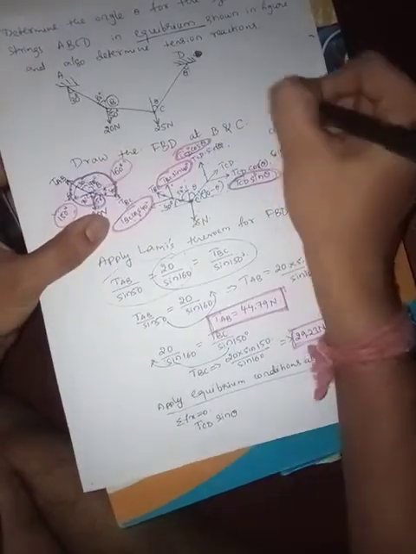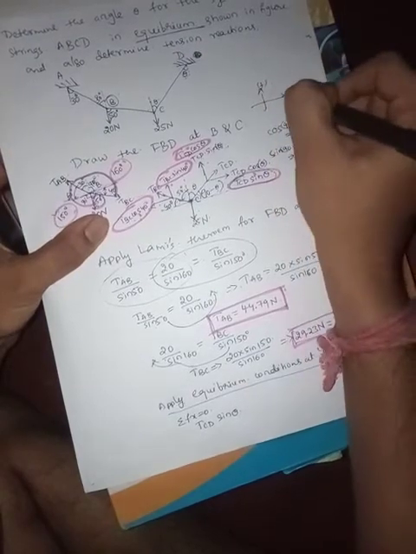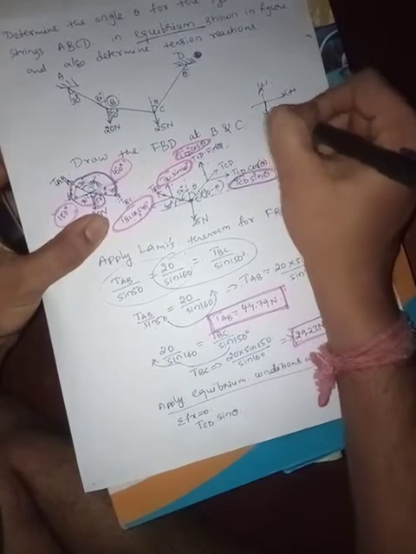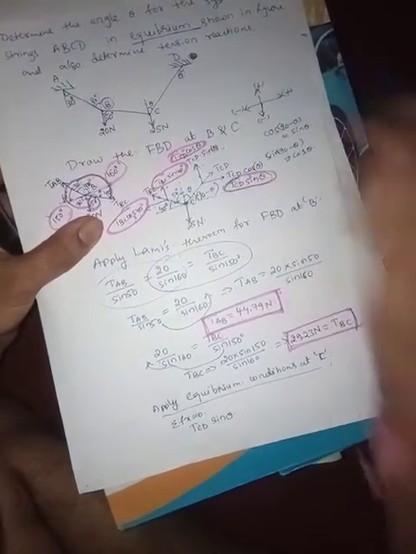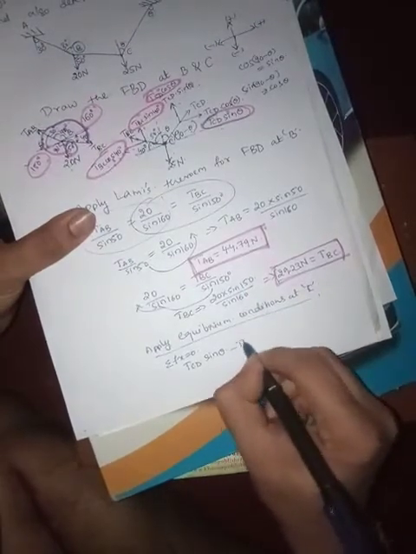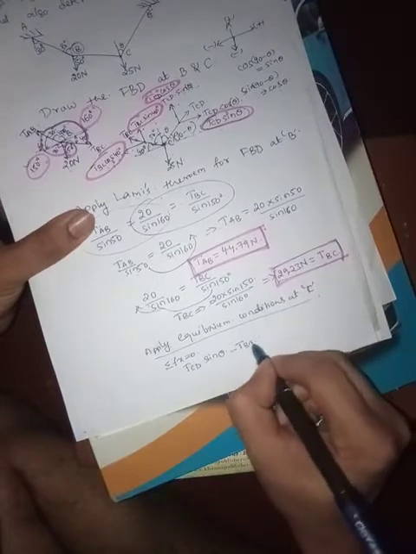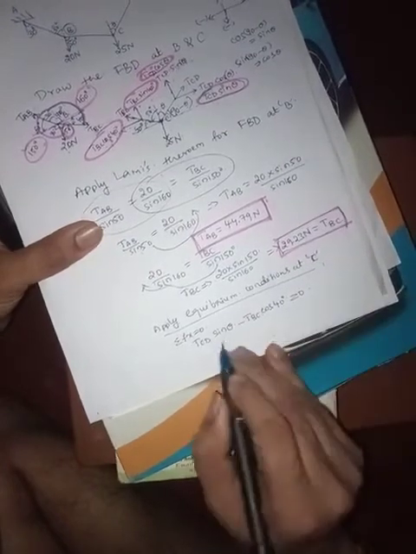So you know the sign convention here. On this side it is positive and here it is negative, minus TBC cos 40 equals 0.